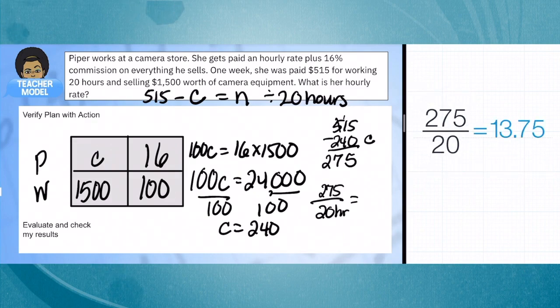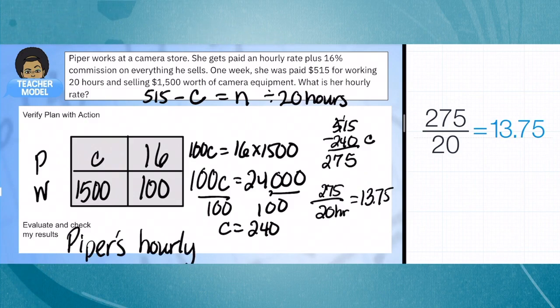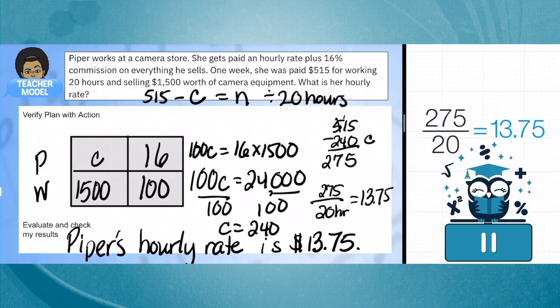And we're going to get $13.75. Piper's hourly rate is $13.75. But that commission looks really good, so I hope she keeps on selling so it adds to her rate. Hit pause and jot this down in your notes.